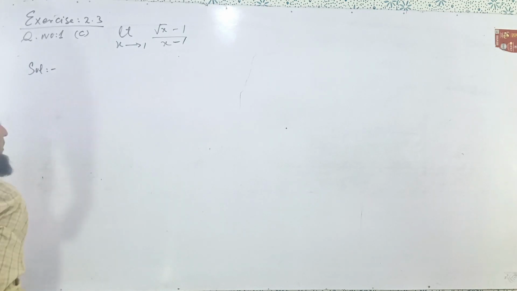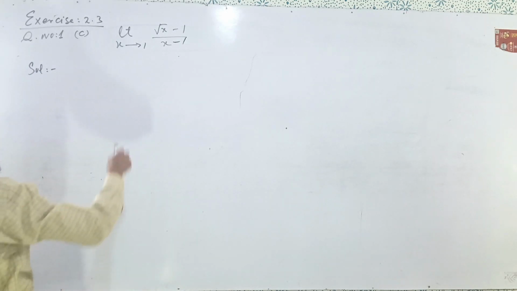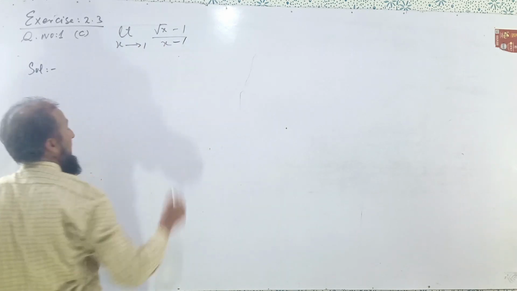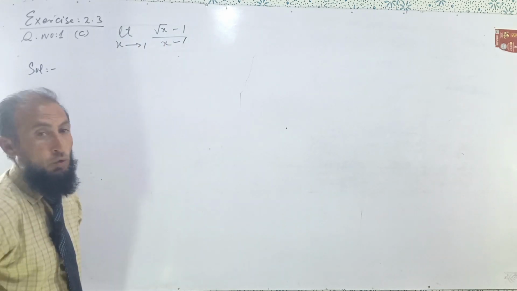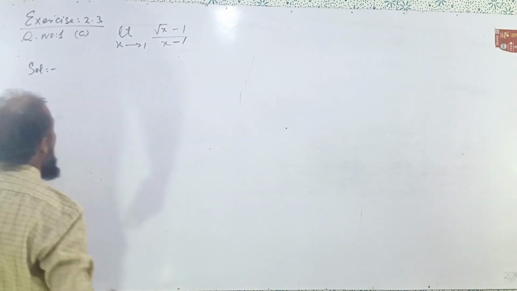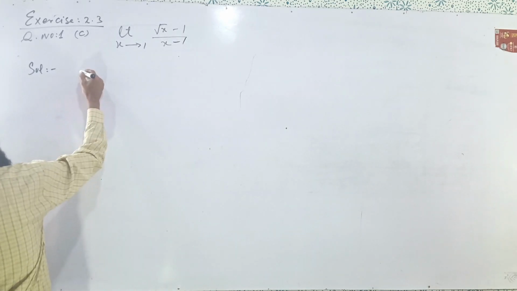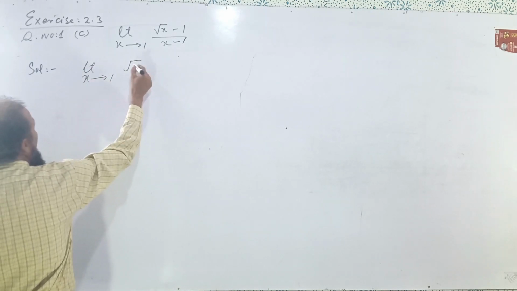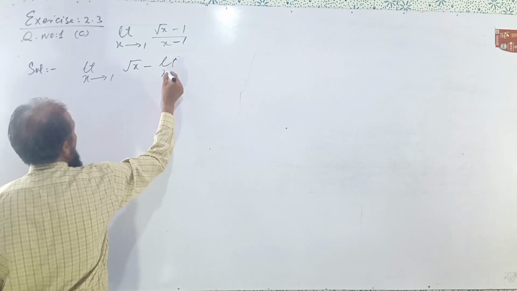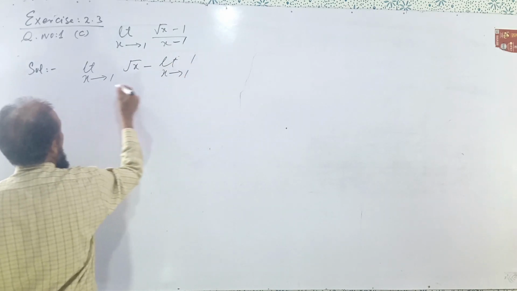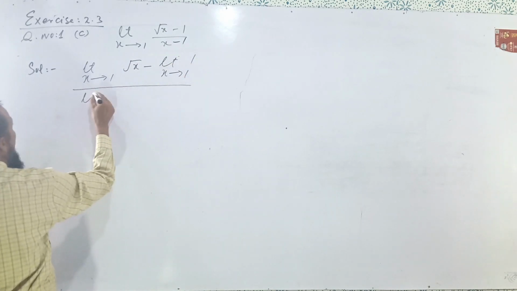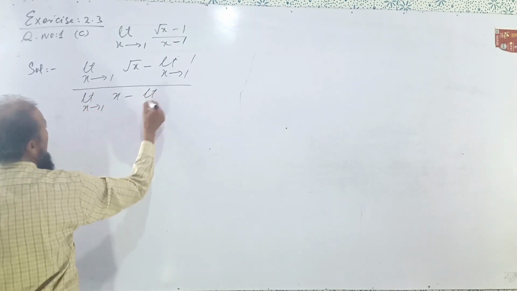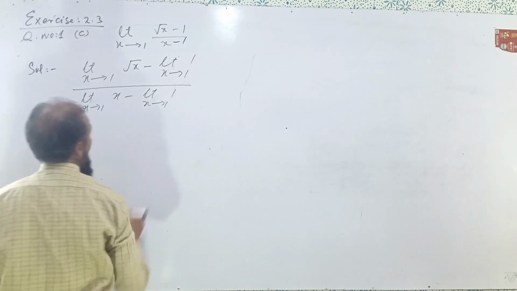Solution. Now this limit is applied to the numerator and denominator term by term. So we apply the limit: limit x tends to 1 of square root of x minus limit x tends to 1 of 1, divided by limit x tends to 1 of x minus limit x tends to 1 of 1.